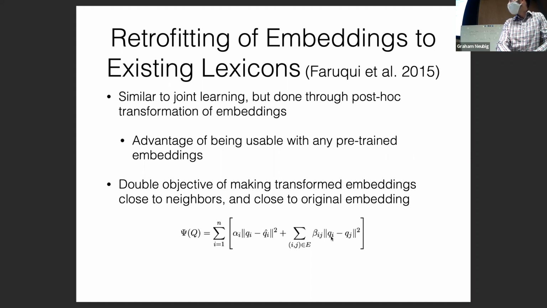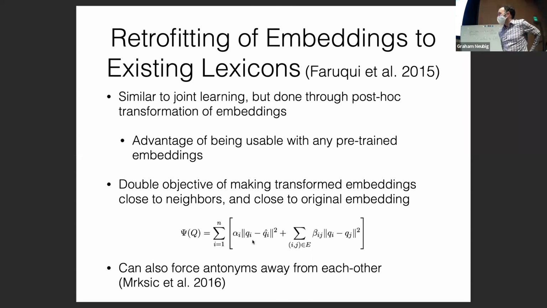And then we also have something where they take all embeddings that are in a synonym set. This is something you can get, for example, from WordNet. It's a list of all the embeddings that are synonymous, and you try to make them as close together as possible. So you're trying to minimize the distance between embeddings in the synonym set while simultaneously not changing the embeddings.